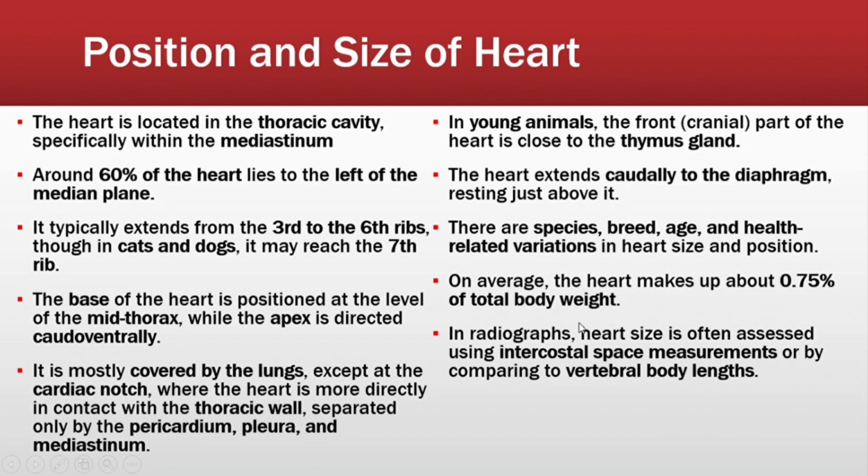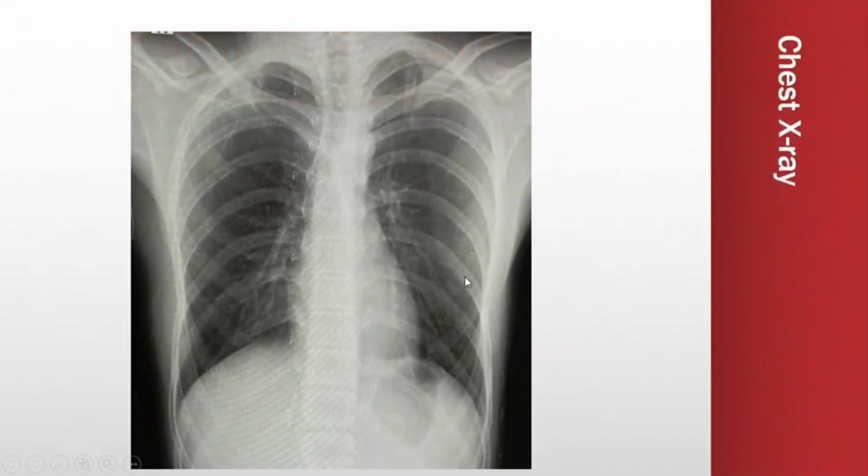Now let's go on. This is an X-ray. Although this is not veterinary related, it is of a human male. This X-ray was taken from the back side, and it is a chest X-ray. You can clearly see this is the heart.